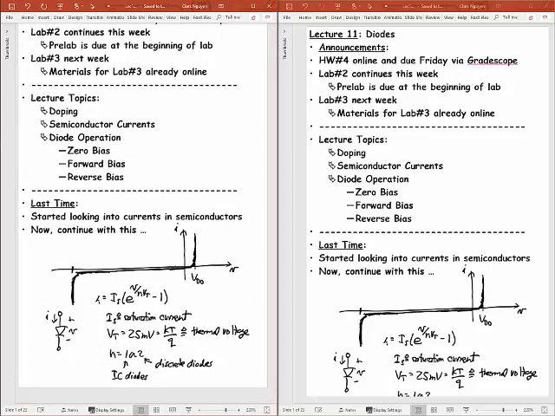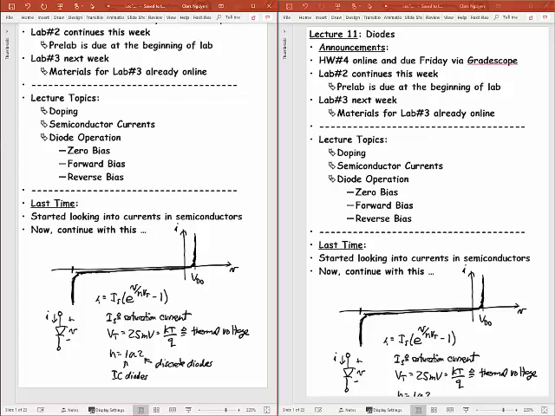I just have this little picture here that I drew in a previous lecture. This is what an actual diode's IV characteristic looks like. You know that it turns on at a certain voltage VDO, but it doesn't turn on immediately at this certain voltage. And I even drew this a little bit incorrectly here, because it really should be going through 0 at 0 volts.